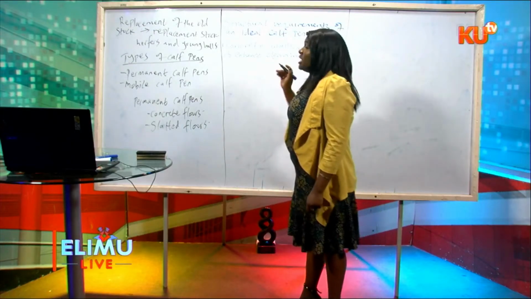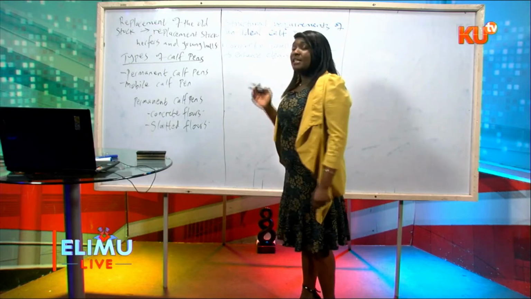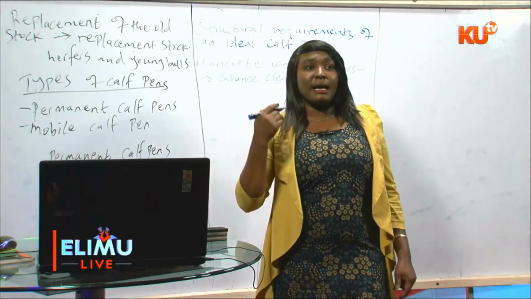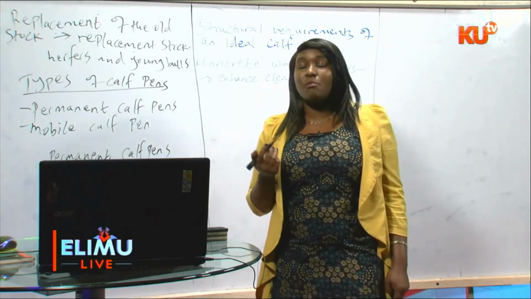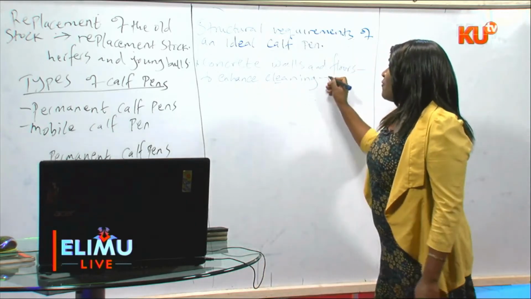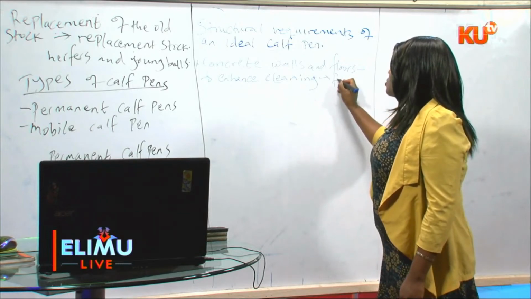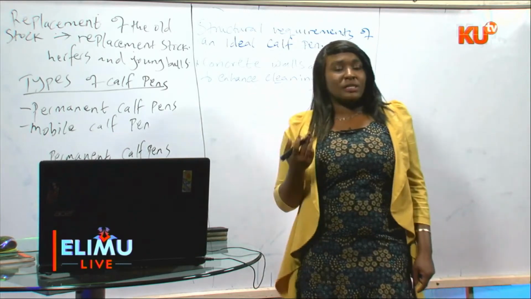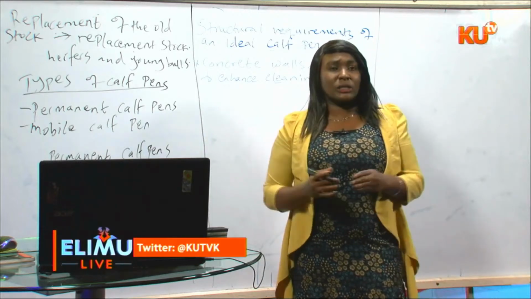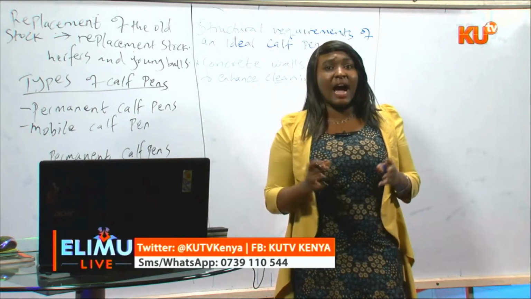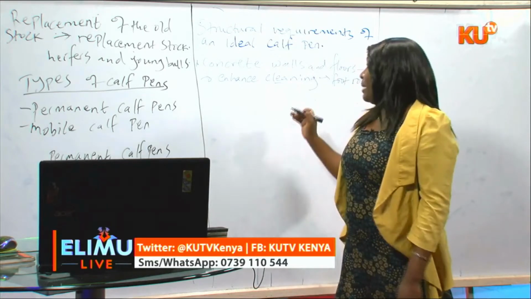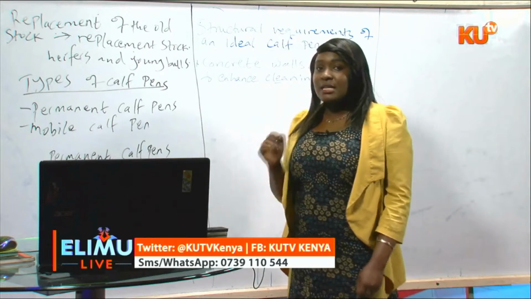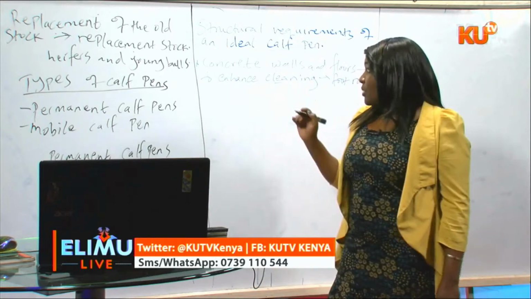When we clean these calf pens more often, we enhance the health of these animals because they do not suffer from diseases such as foot rot. Foot rot can be brought about by areas that are not clean. When there is accumulated dung and urine in the calf pen, that can lead to foot rot, according to the Form 3 syllabus that we did.